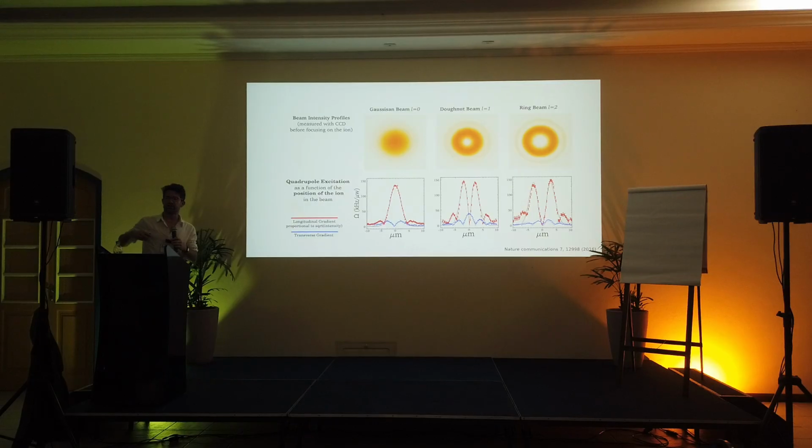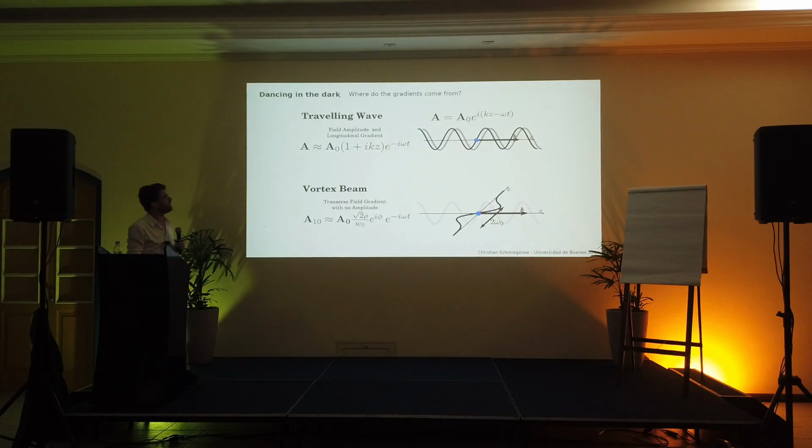One configuration in which the excitation would be sensitive to longitudinal fields, so to fields in the z direction, and in the other case, in the blue, it would be sensitive to transverse field.